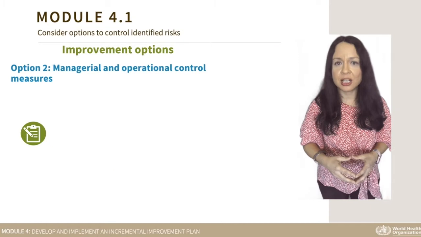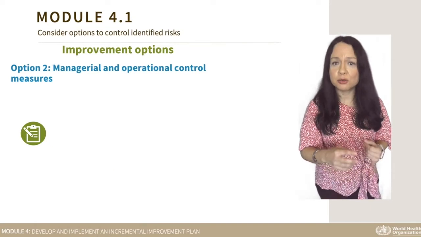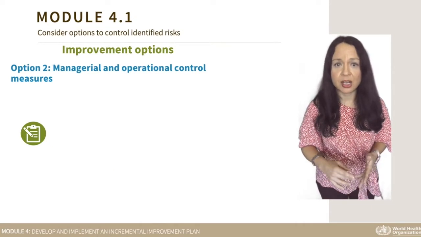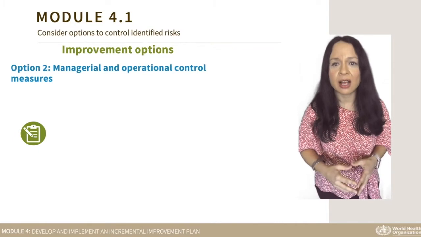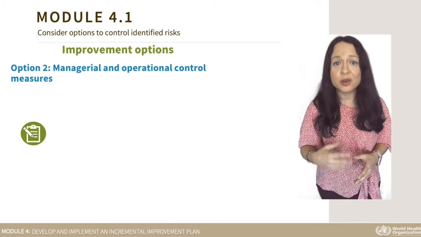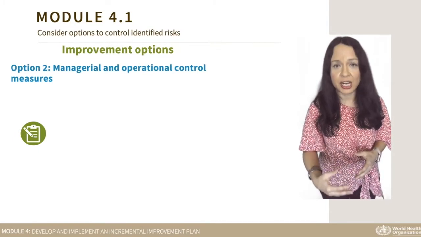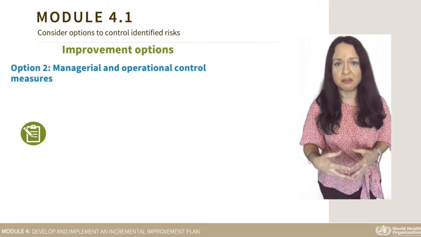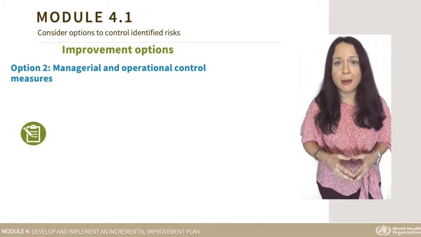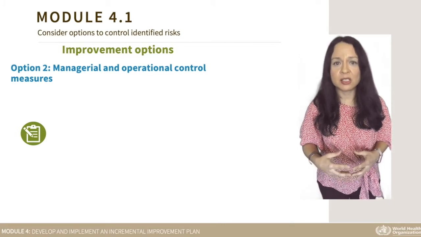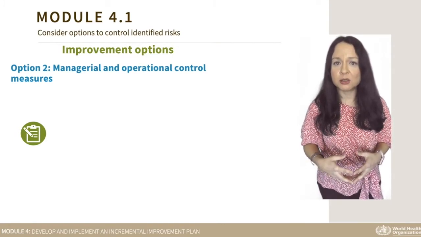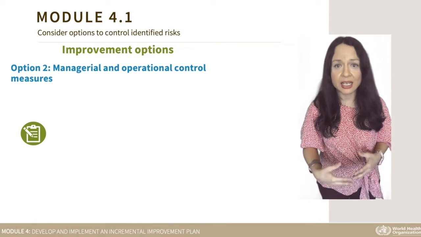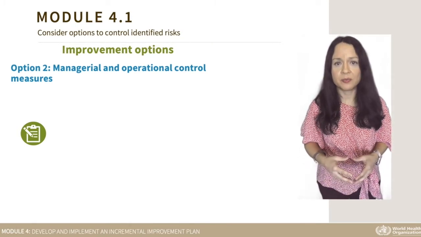Managerial and operational control measures refer to methods, procedures, and routines to carry out a specific activity within the sanitation service chain. It includes the establishment of support systems for information management. Management procedures also describe how people must be organized and trained to carry out their work.